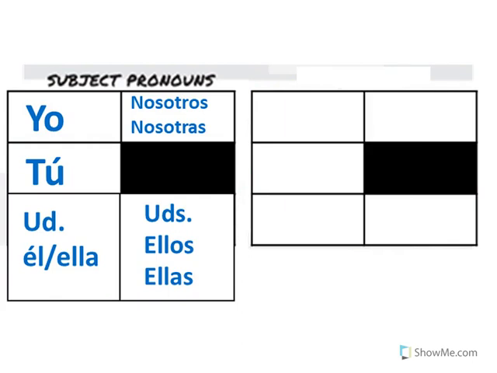Let's now conjugate the word tener, and I'm going to write it up here. We can't use tener with yo, because that would give us I to have, which is wrong. So we simply change the verb. Yo tengo. That means I have.